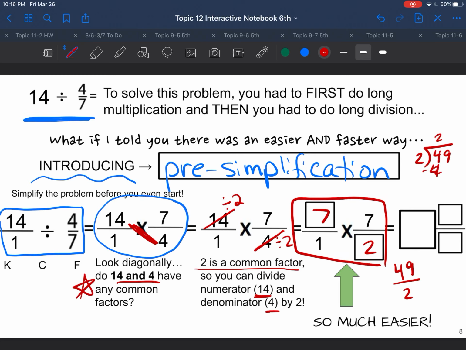Oh, sorry. We get 0, bring down the 9. 2 goes into 9 4 times, okay? And we end up getting 24 and a half.